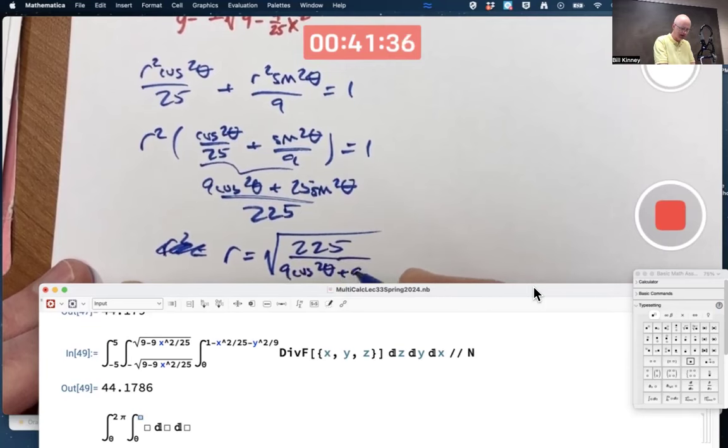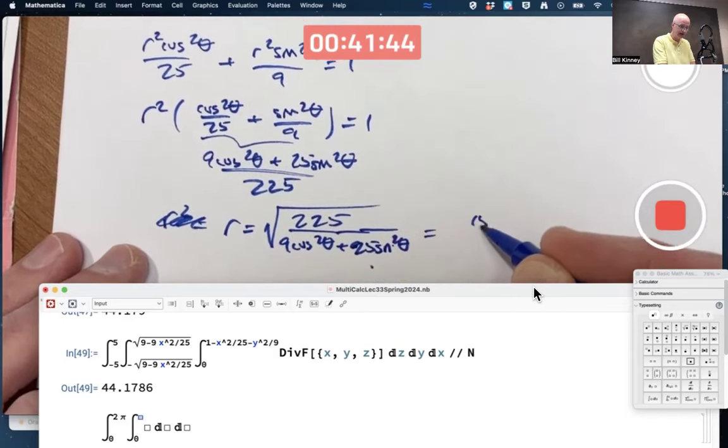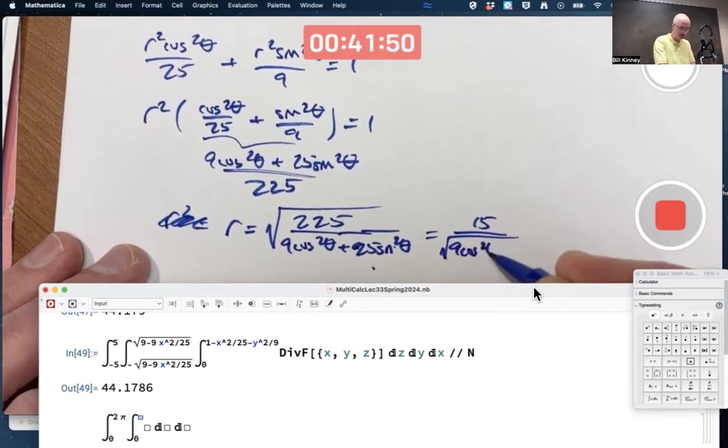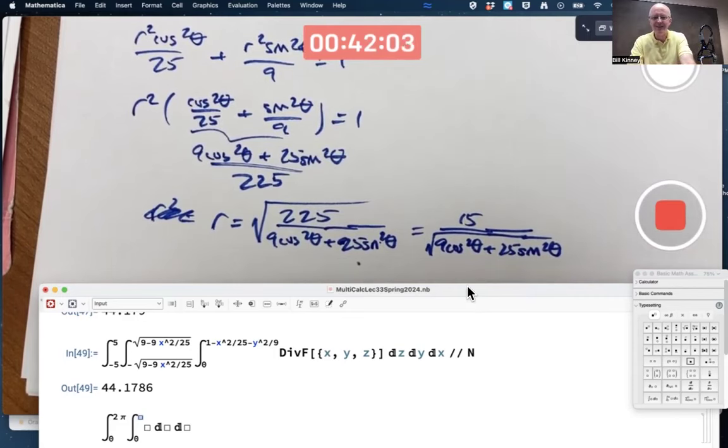But that's kind of complicated. I mean, 225 is a perfect square, it's 15 squared. But I'd still have a square root in the bottom that could not really be simplified because the coefficients of cosine squared and sine squared are different. Let's see if Mathematica can do it.